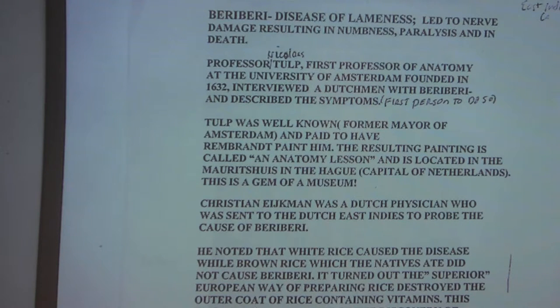Christian Eijkman was the guy who was sent to the infectious disease region. After 300 years, people got sick of not knowing what to do about the disease. They sent him, a physician. Most of the research done for biochemistry was done by physicians. He noted right away the white rice story. The natives were eating brown rice and they were healthy.